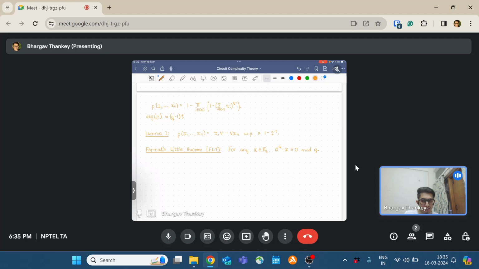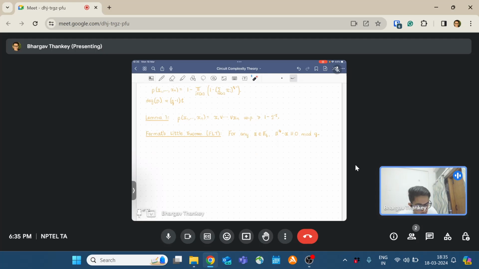We know that in any group G, a to the size of G is equal to 1, where 1 is the identity of the group.